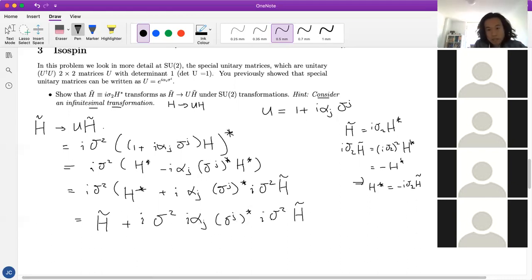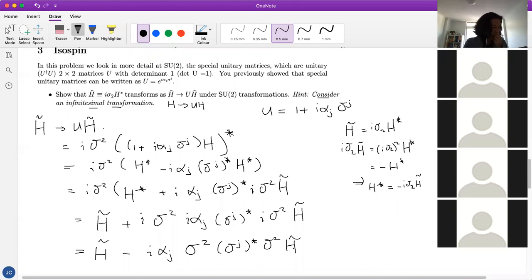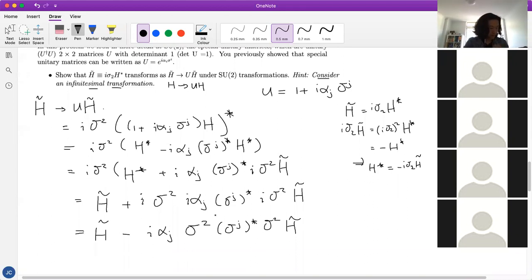Okay, cool. Now I'm just going to collect all the imaginary units: H tilde minus i alpha j, and I'm going to group all the sigma matrices together. Careful with the ordering because they're matrices, so you can't flip the order. So sigma 2 sigma j star sigma 2 H tilde.